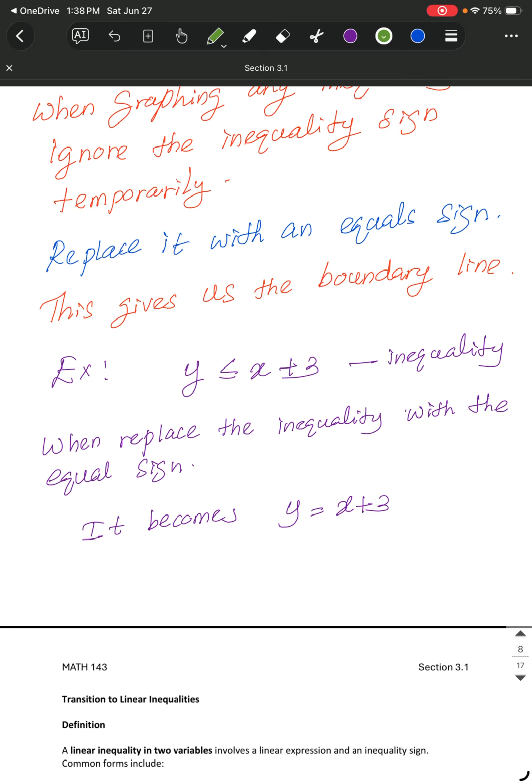Graph this line first. You know how to draw an equation line, it's a straight line.